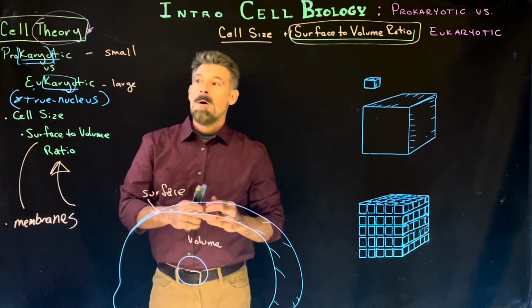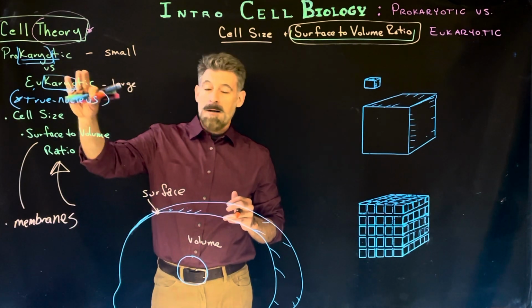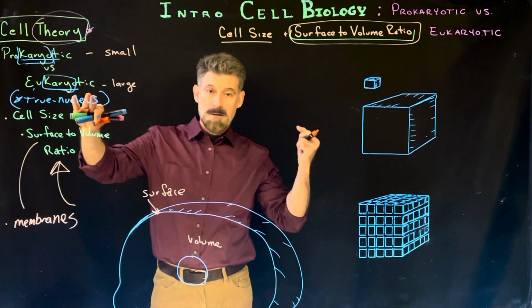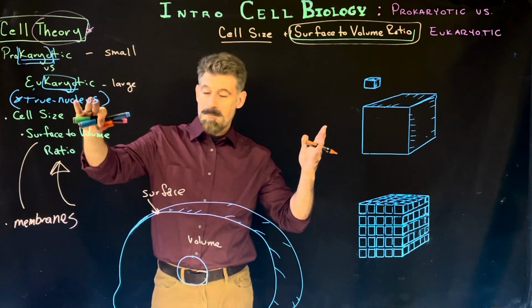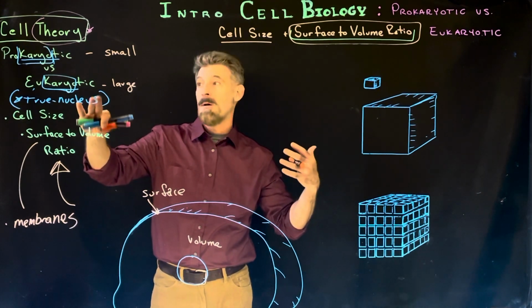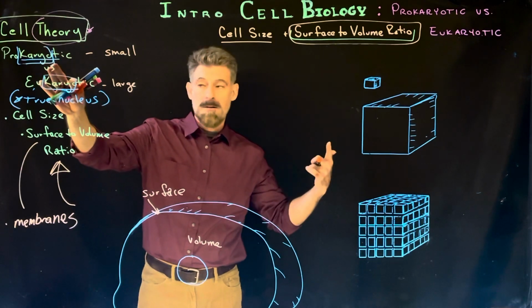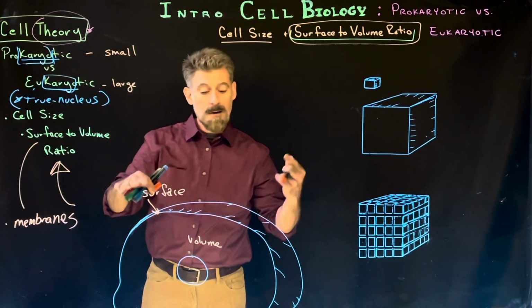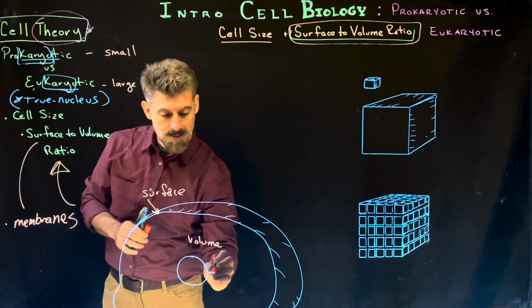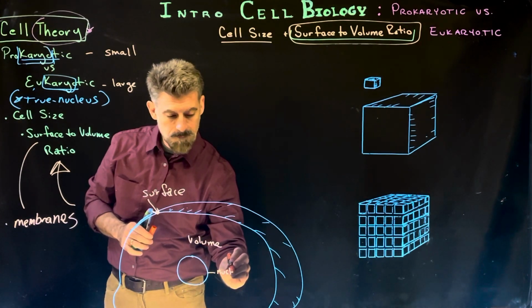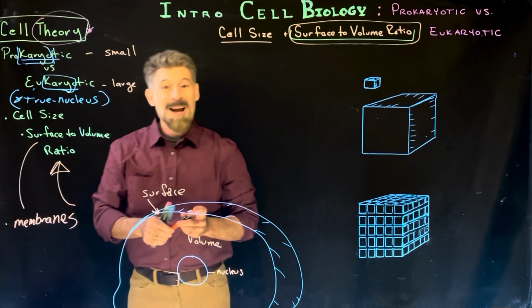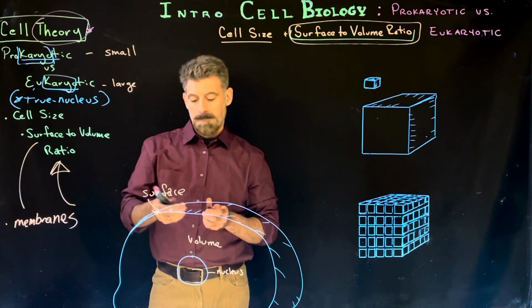Now, when we talk about prokaryotic and eukaryotic, one of the first things that typically comes up beyond size is nucleus. People say, oh, nucleus. The prokaryotes don't have a nucleus. The eukaryotes do have a nucleus. Okay, so this is, say, representing the nucleus. And that's made up of a membrane.